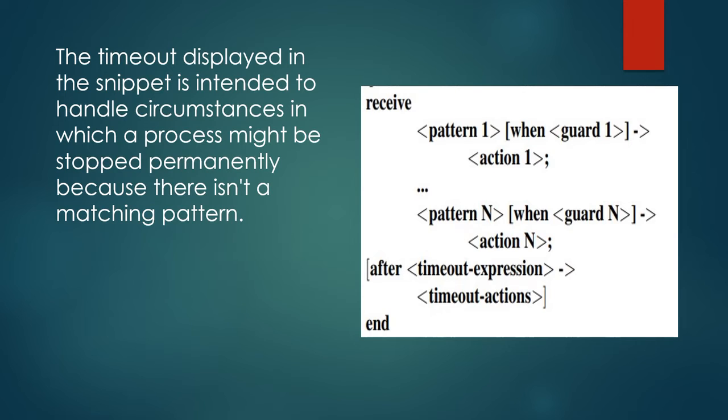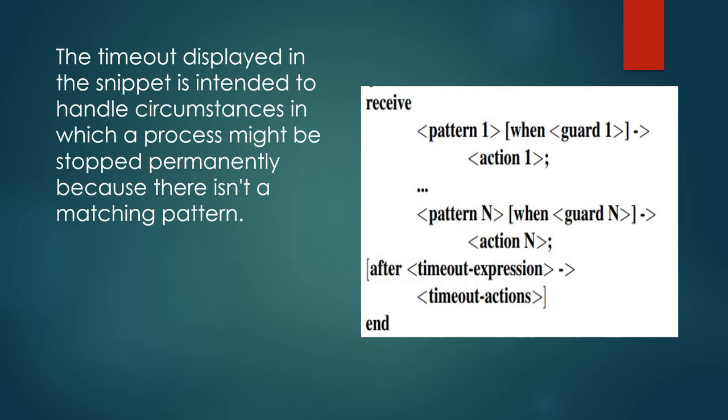To demonstrate this, let us consider a scenario where process A wants to send a message to process B, and after A sends the message to B, the receiving process B starts finding a matching pattern for the message received from A. But in some cases, the receiving process might be stopped permanently because it cannot find a matching pattern for the received message.